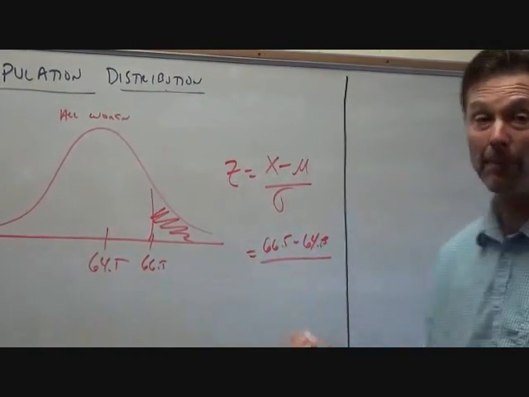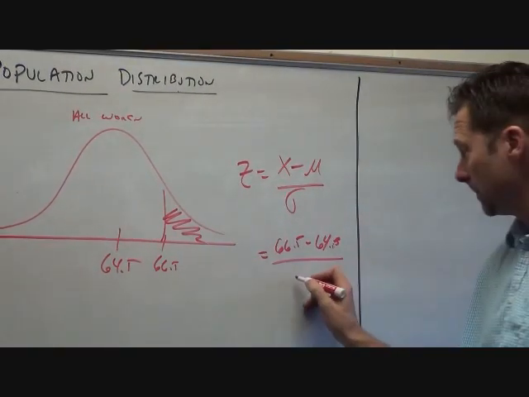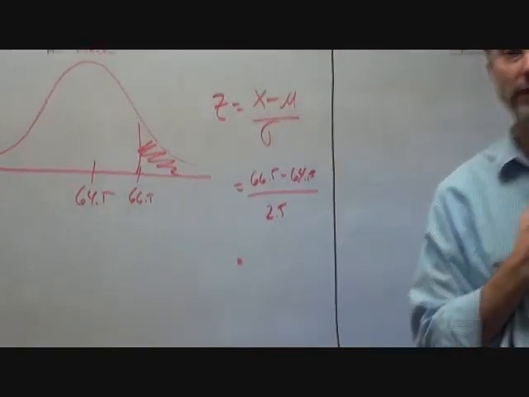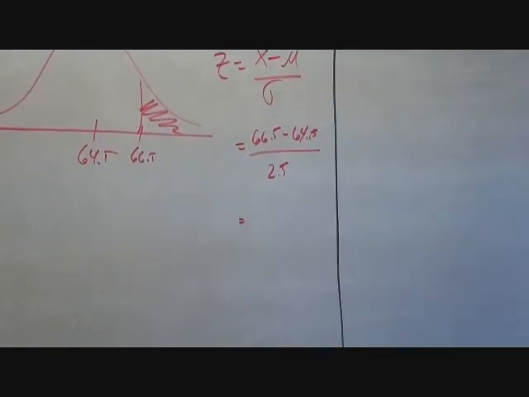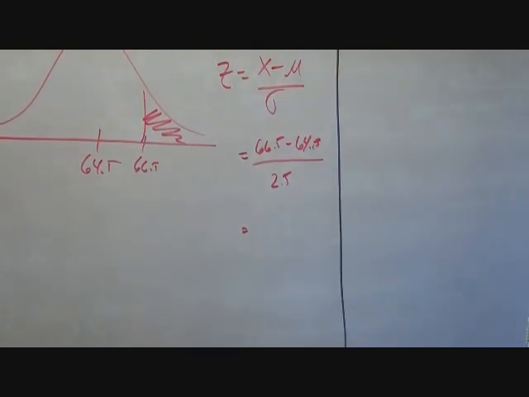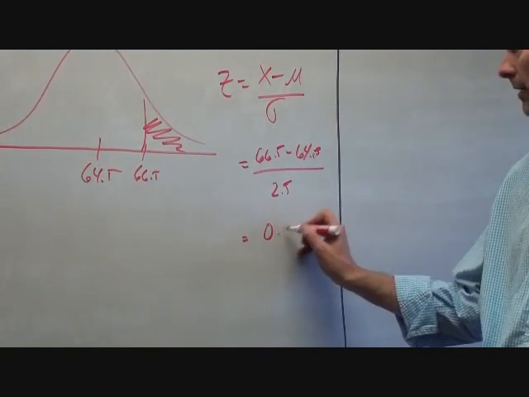Did they give us the population standard deviation number? They sure did. 2.5, is that right? So what does that z-score come out to be? Somebody throw that in your calculator for me. 0.8? Yeah, 0.8.